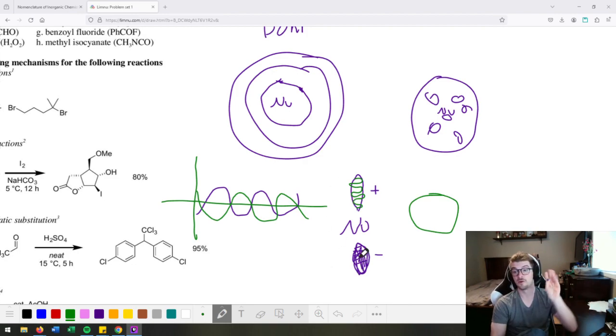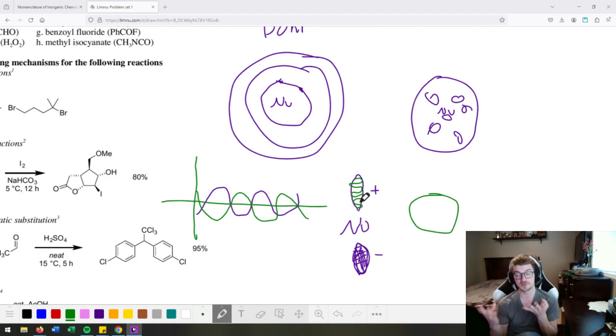Now that being said, orbitals can be full. They can be occupied by electrons, or they can be empty. They still exist. These are still valid solutions to the Schrodinger equation, but they can be empty, and chemical reactions only occur when you have a filled orbital interacting with an empty one.